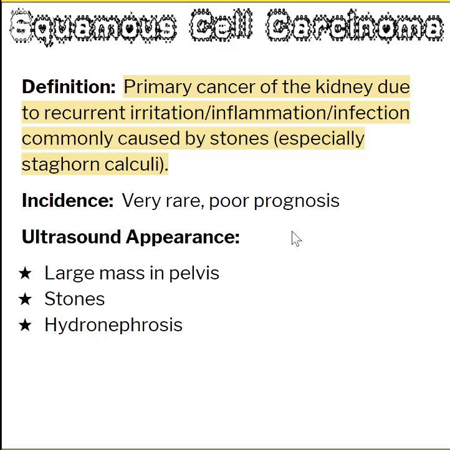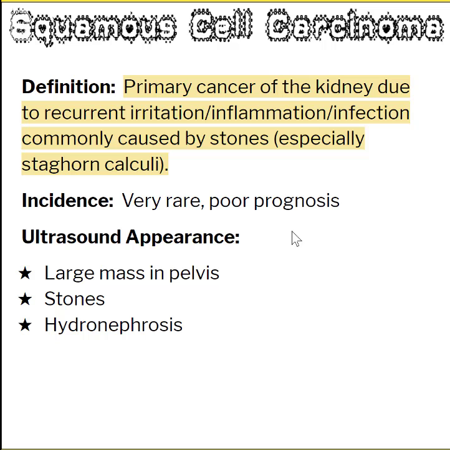So what we usually see that coinciding with is the presence of stones, or especially staghorn calculi. So kidney stones, as they are moving through the collecting system, scratch and irritate that lining, and that lining tries to heal itself, but it becomes irritated, inflamed, and infected during that process, and then it heals itself.